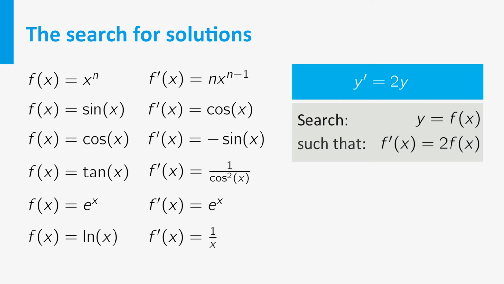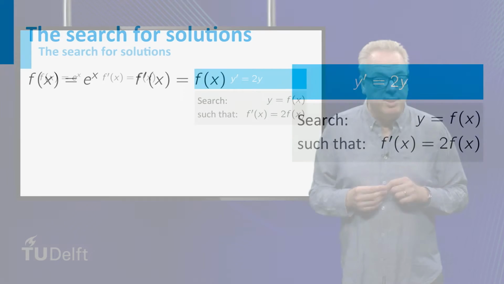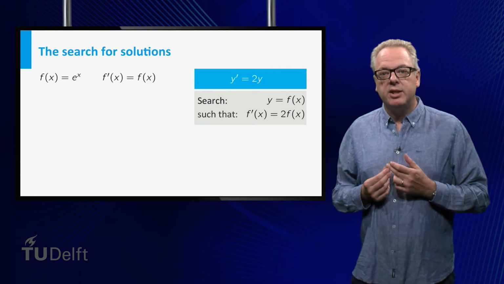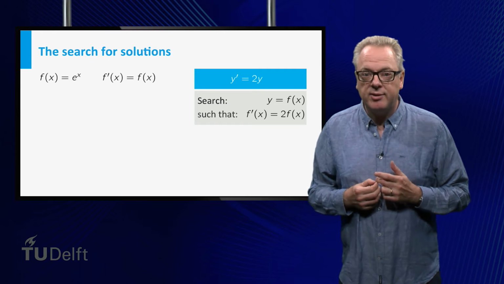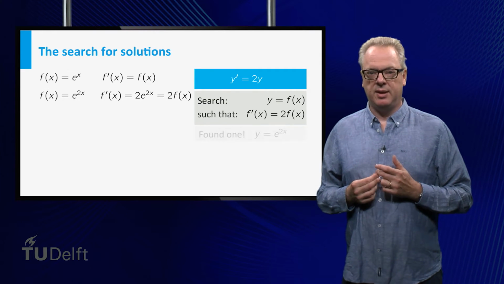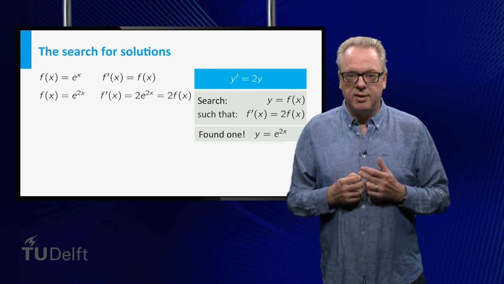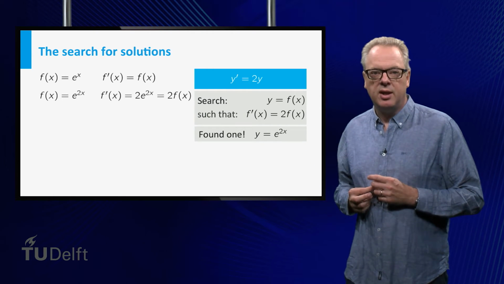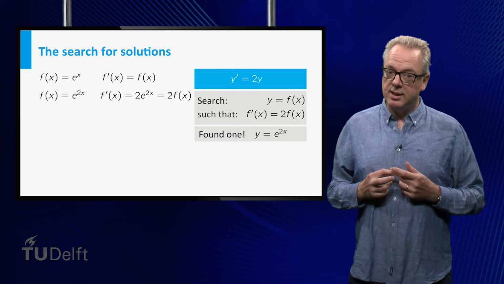Since this function is equal to its own derivative, we guess that the solution we are looking for has something to do with the power of e. And indeed, a little trial and error shows that y is equal to e to the power 2x has the right property. Differentiating this function gives 2 times e to the power 2x, which means that it is indeed a solution.